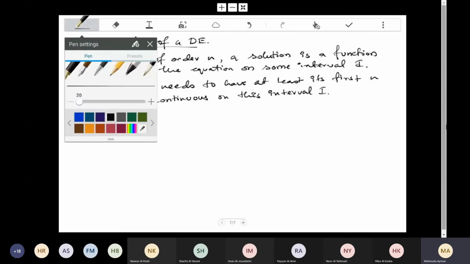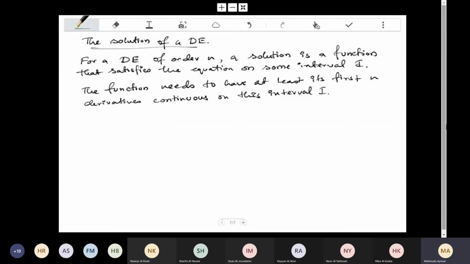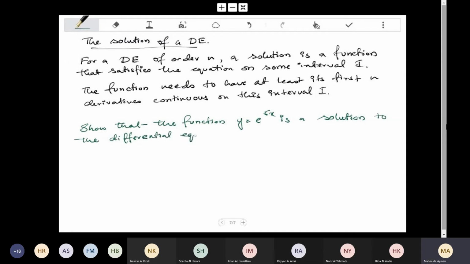So let's say, okay, show that the function y is equal to e to the power 5x is a solution to the differential equation y prime minus 5 times y is equal to 0.